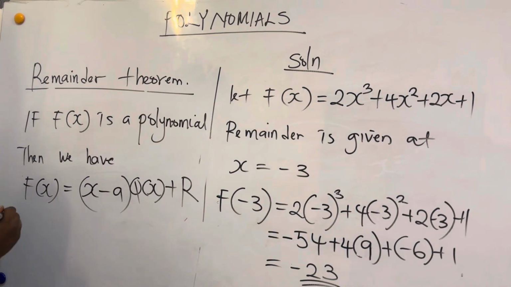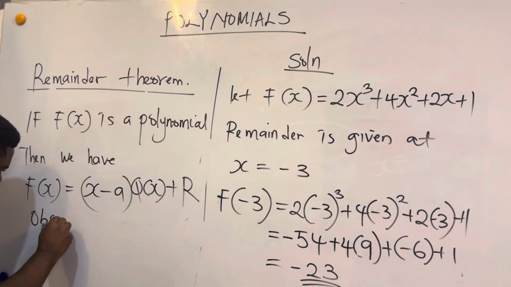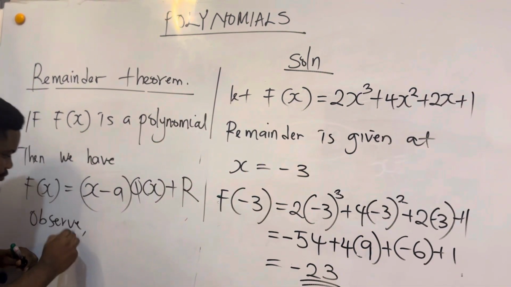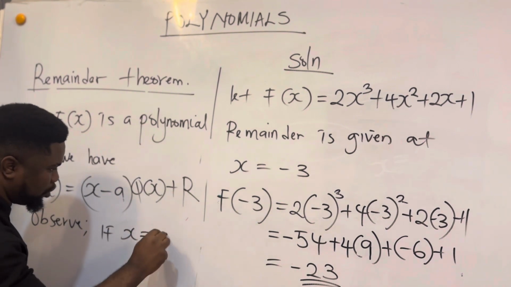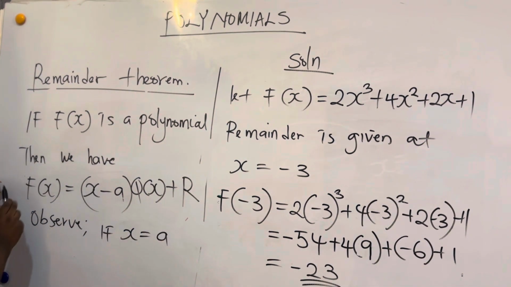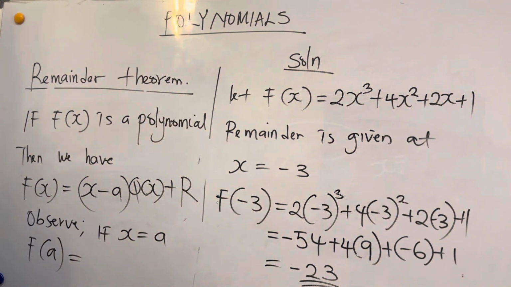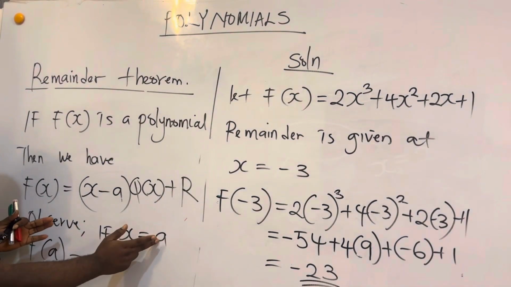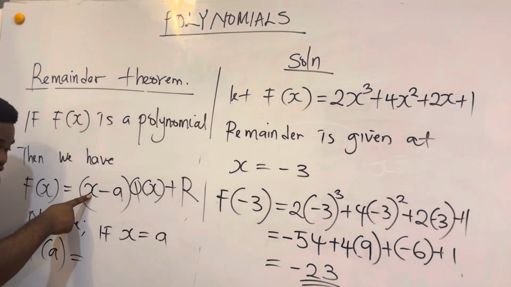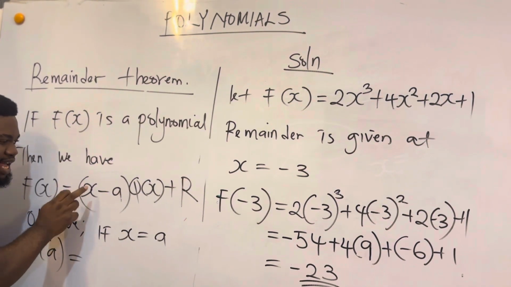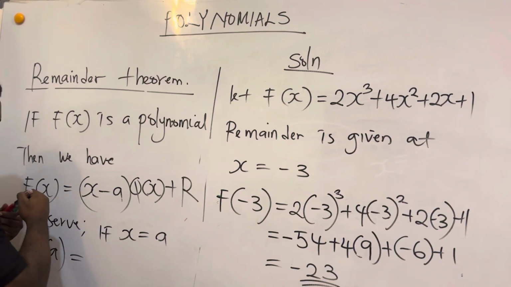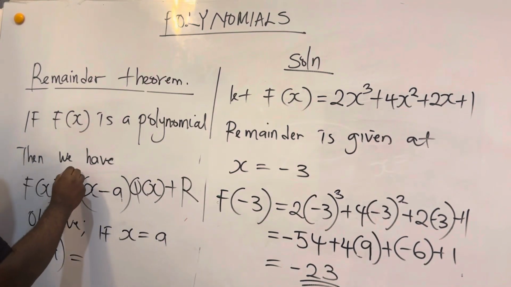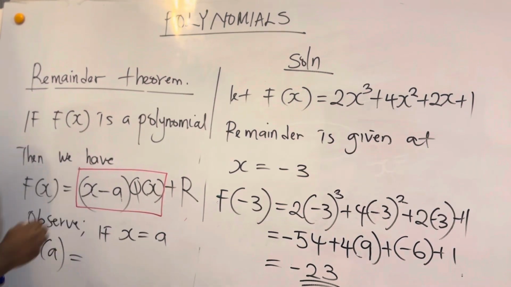Now observe something. If x is equal to a, what happens? I'll have f of a. What would that be? If x is equal to a, that means I can put a here, and a minus a gives 0. So if I put x as a, all of this goes out.